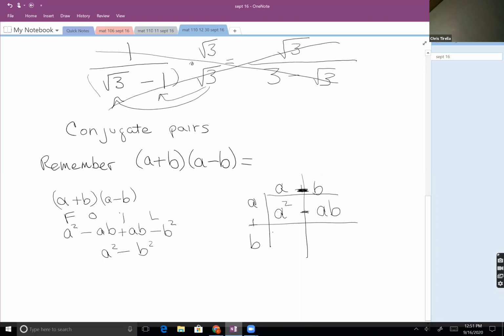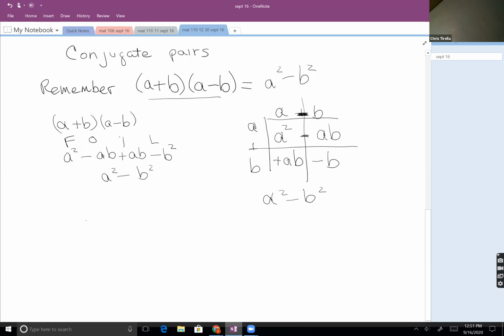A times plus b is plus ab, and minus b times b is minus b squared. And so when you add along your diagonals, those cancel out, and you're left with a squared minus b squared. And so if these are considered a conjugate pair, we're going to say that a plus b and a minus b are conjugates.